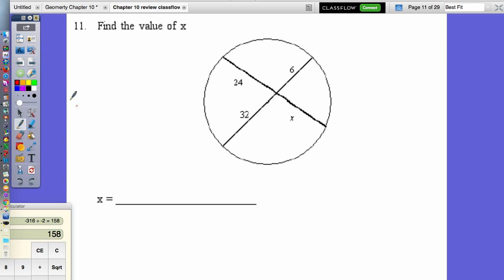Okay. Find the value of x. So now here, we're finding lengths. These, therefore, are the theorems that we learned in lesson 10.6. That's the first place kids get confused.